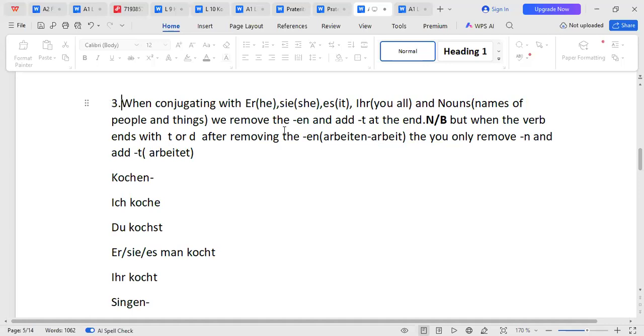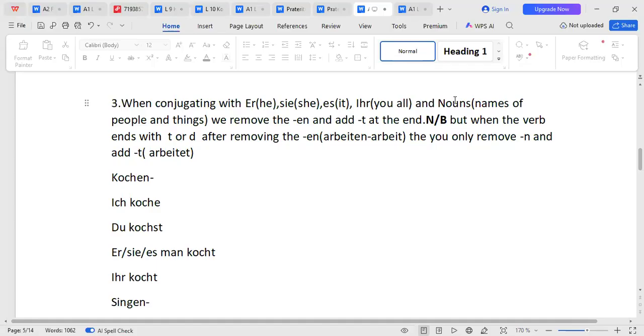When conjugating with er, which is he is coming, he is eating, he is crying, and so on, this er means he in German. Then you have sie, she; es, it; and ihr, you all.